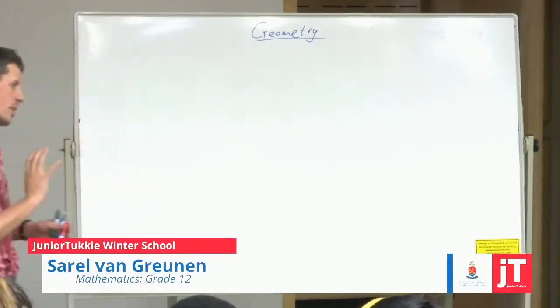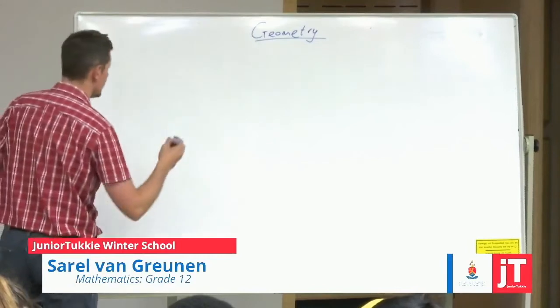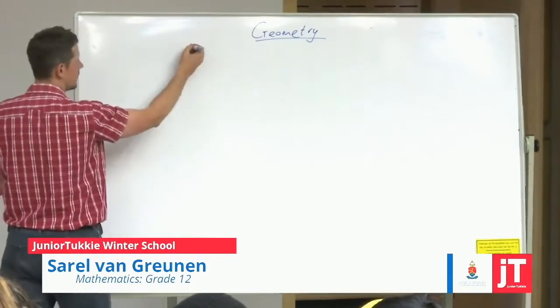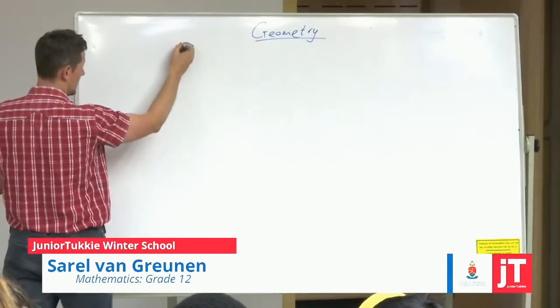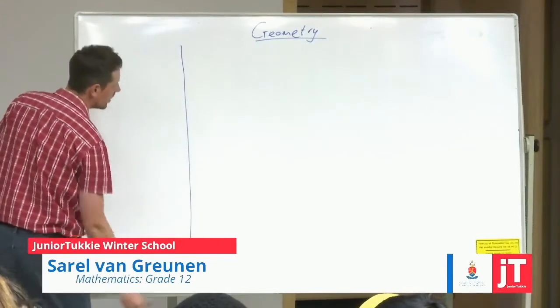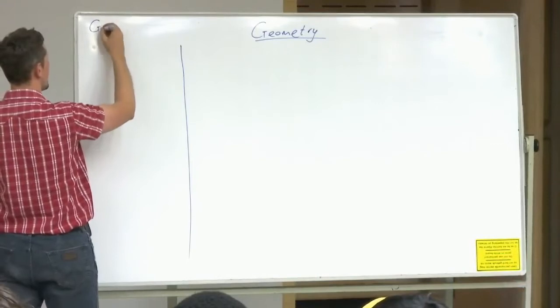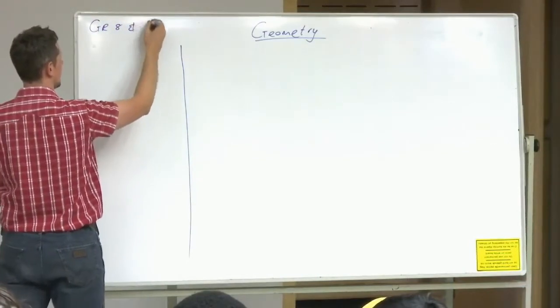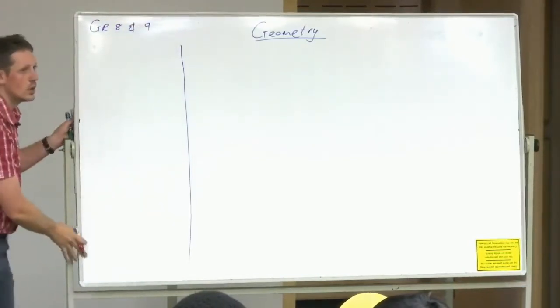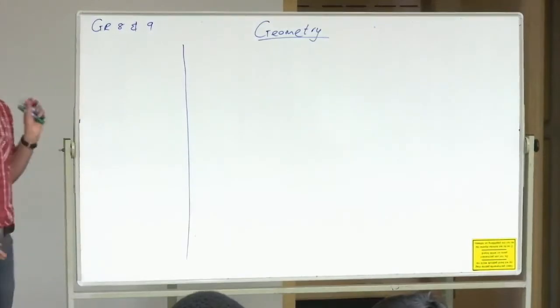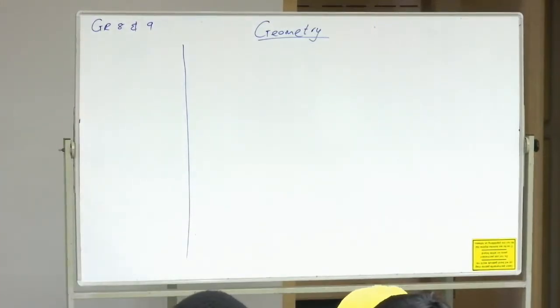So I'm going to go and try and divide my board as best as I possibly can into my sections. Let's start with grade 8 and 9, because you won't believe how often grade 8 and 9 maths comes into your syllabus.